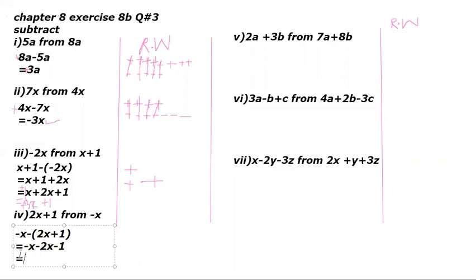Equals. Okay, now you can see these two are like terms. Negative x means negative 1x, and negative 2x means that 2 times negative, it becomes negative 3x, and plus 1, it is negative 1. So negative 1 is a whole number, it's not a like term, so negative 1 as it is.